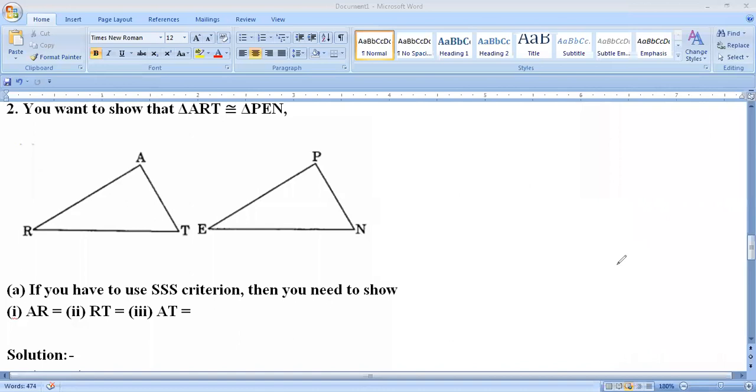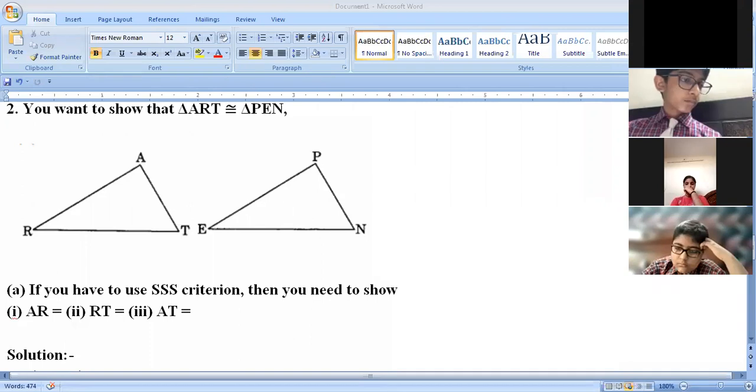Yes, Anupriya, read the C part. Anupriya? Ravanya? Srajal? Yes, ma'am. C part.